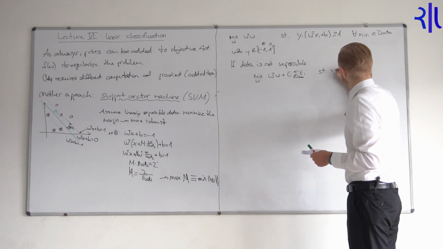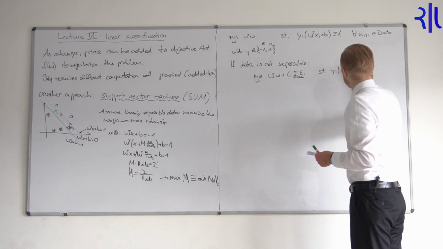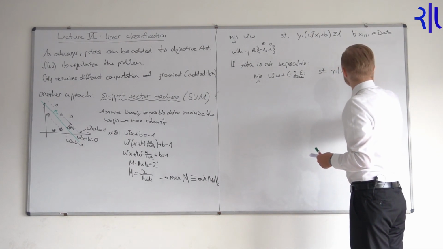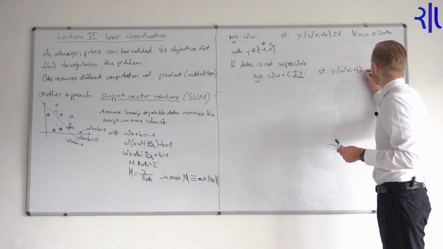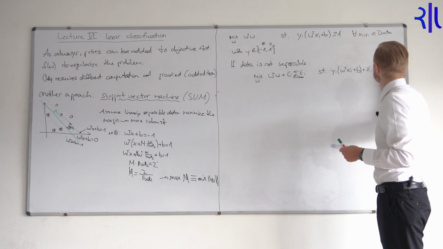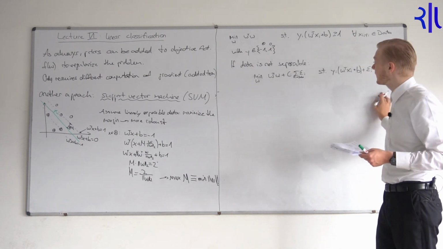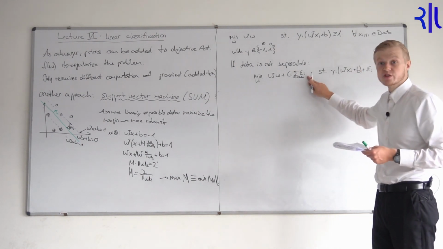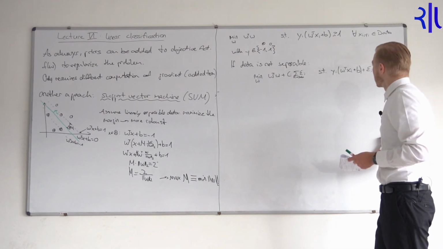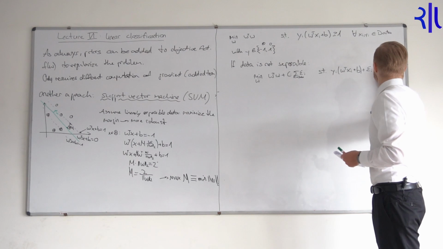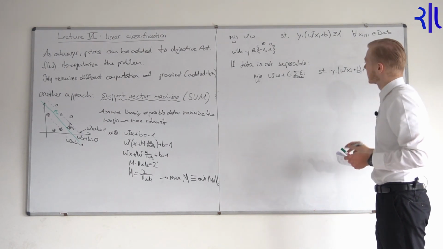And we say now our same expression can be artificially increased with the epsilon i. However, if we do that, it comes at a cost. We penalize that here.